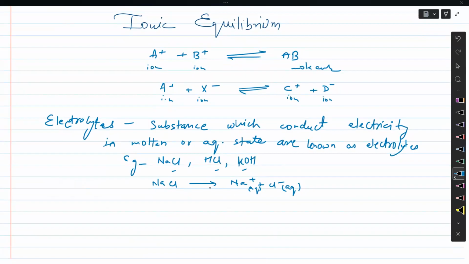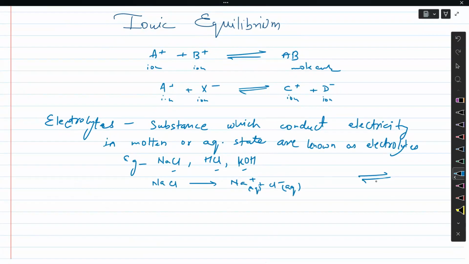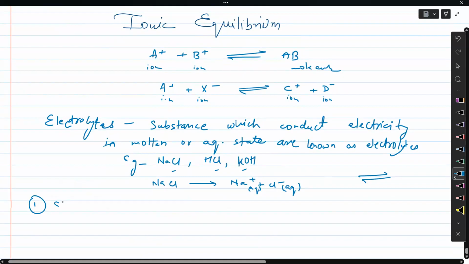That is why I have not made the equilibrium symbol, because the reaction goes in one direction only. When the reaction is in both directions, then we show it with the equilibrium sign. So we have strong electrolytes. Let's see what strong electrolytes are.